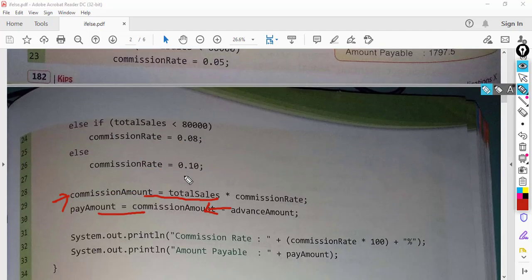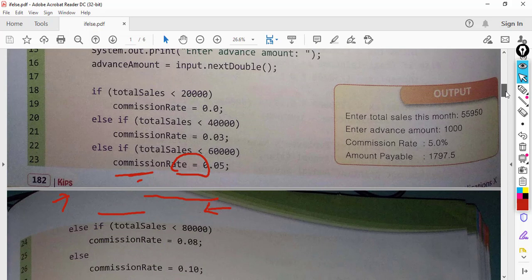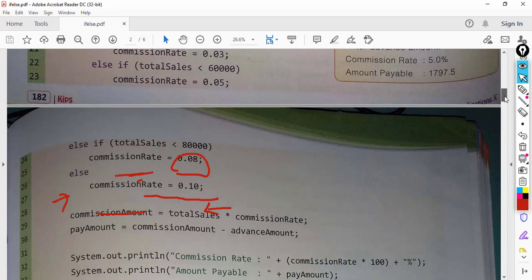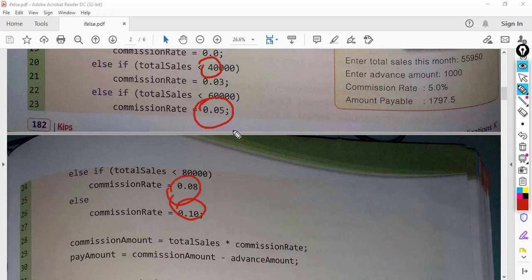So we assign 0.10 to commission rate. This if else construct will decide the commission rate. Then we need to find out the commission amount. We have only decided the percentage here, isn't it? The amount has not been decided.